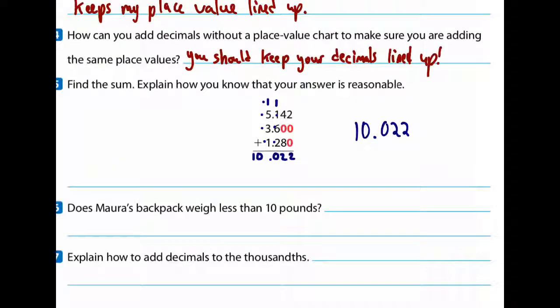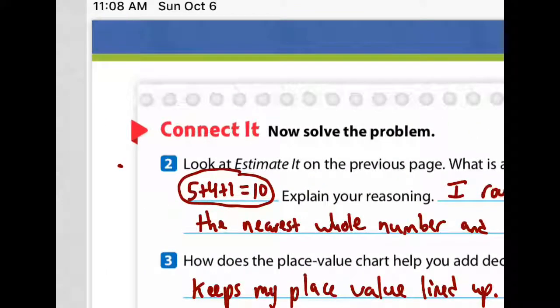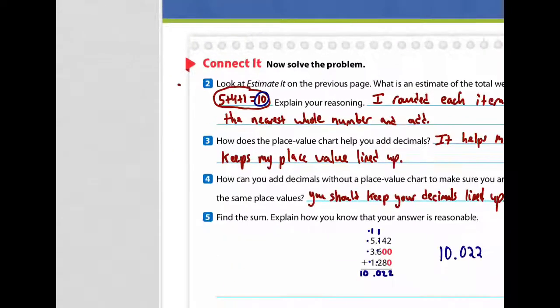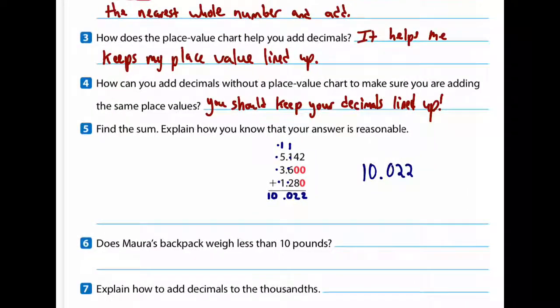Now, how do you know your answer is reasonable? Well, it's really close to our estimate. Remember when we estimated and got 10? That's how I know my answer is reasonable. Now, it doesn't mean it's right. I could have made a mistake, but it's at least a reasonable answer. So I'm going to write that here.